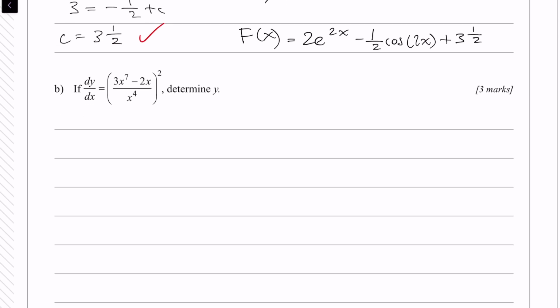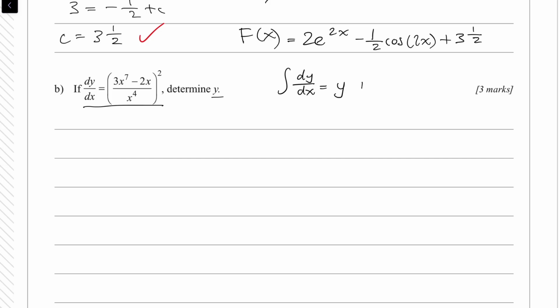And so moving on to part B, if dy dx is equal to our function here, we have to determine y. So we know this is a derivative function, and to determine y, we need to integrate our dy dx, okay? Because we know integrating a derivative brings it back to its original form.